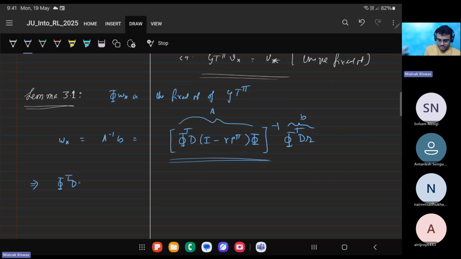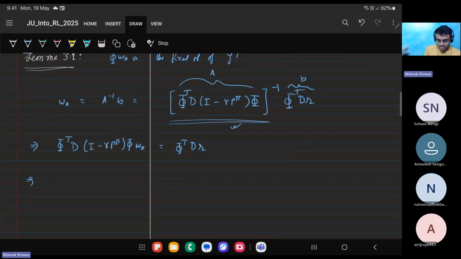So I'll write this in this form: phi transpose D (I minus gamma P pi) phi W star is equal to phi transpose D R, which is equal to phi transpose D phi W star minus phi transpose D gamma P pi phi W star is equal to phi transpose D R.